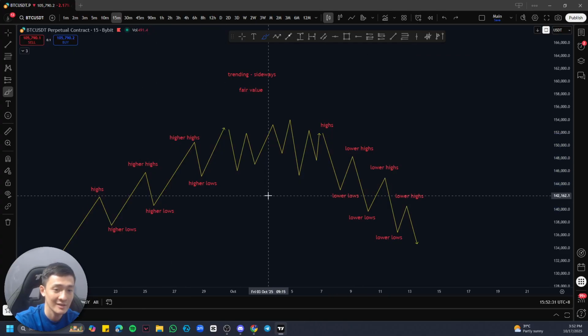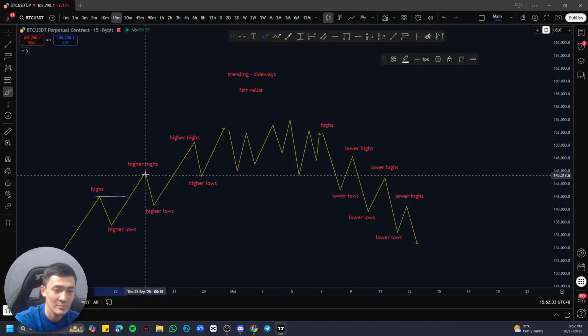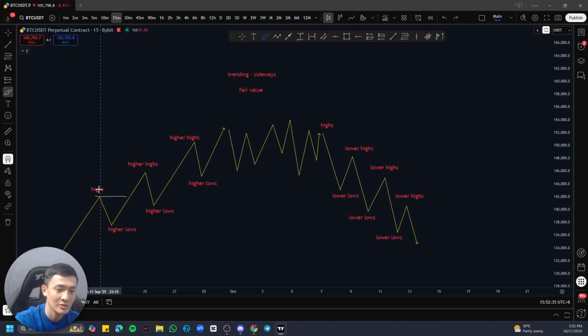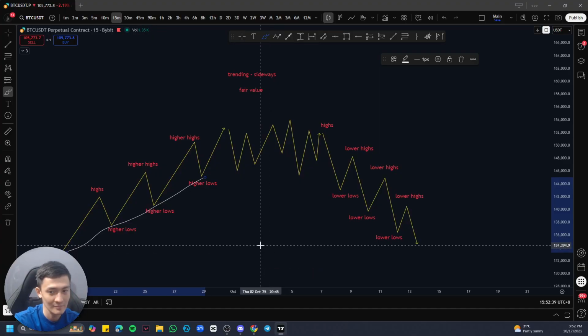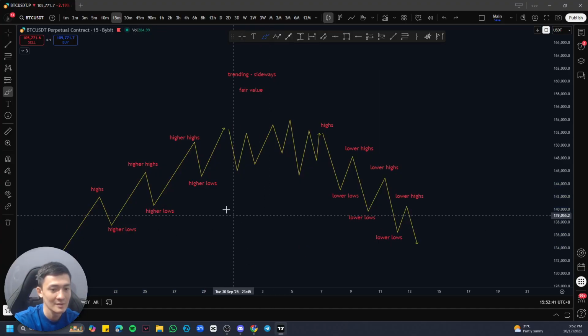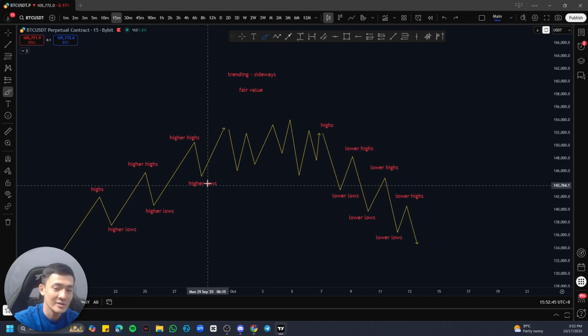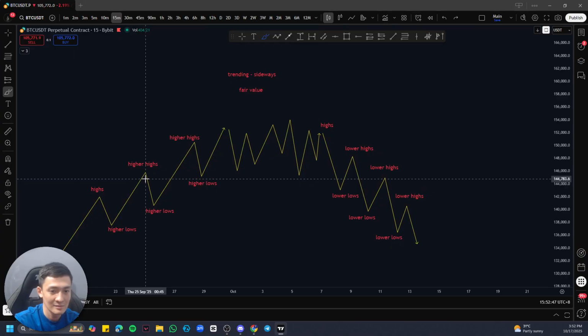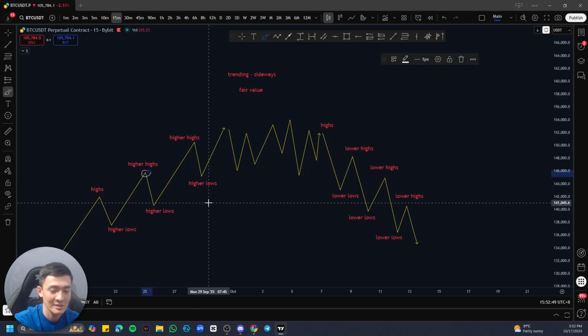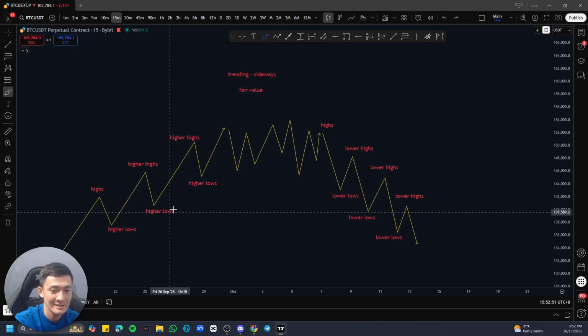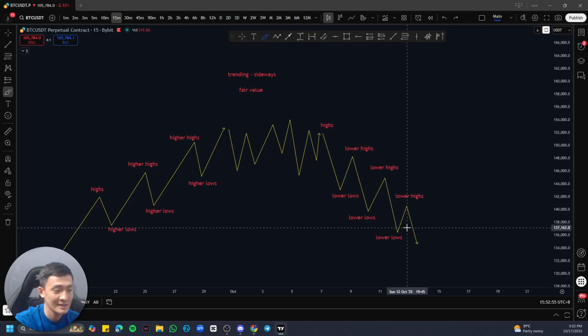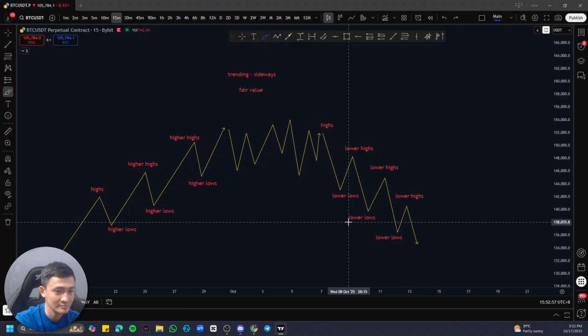It's the opposite of an uptrend. In an uptrend, the highs always get broken to create higher highs, and the lows hold. So these are the pivot levels in a trend. The higher highs and the higher lows in an uptrend, the lower highs and the lower lows in a downtrend.